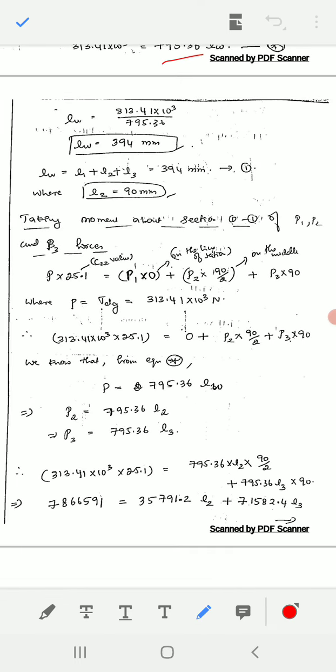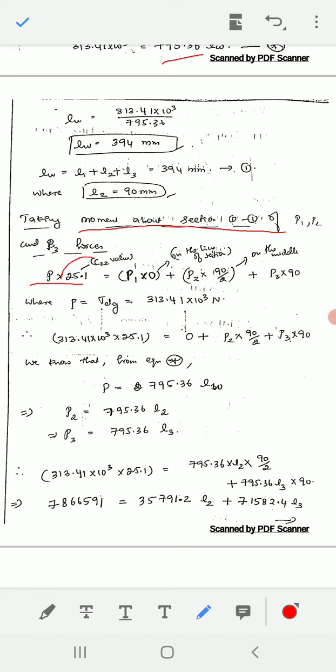Now taking moment about section 1.1, remember the section 1.1 I showed in the diagram. You can see the diagram, where P1 into P2. Here first on the left side, that is P into 25.1. P is force, and 25.1 is nothing but the CXX value or CZZ value.